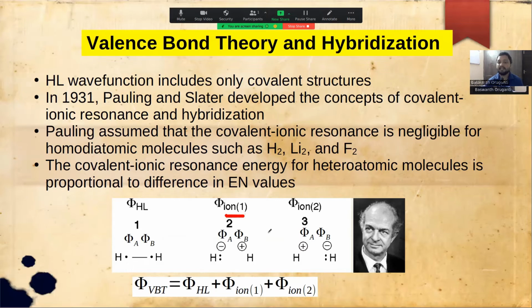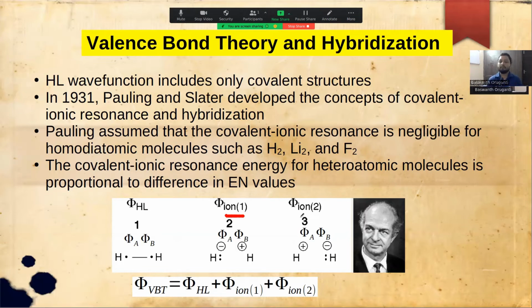In the other case, the two electrons lie on the phi B orbital and phi A is empty. These are two different ionic terms which should also be incorporated into the overall wave function of the molecule.